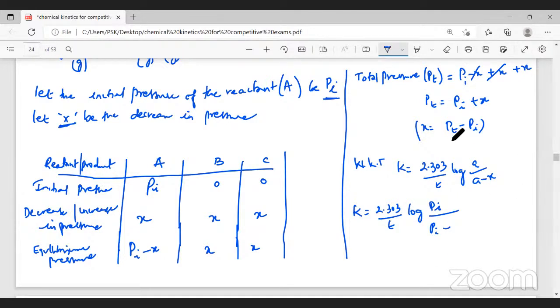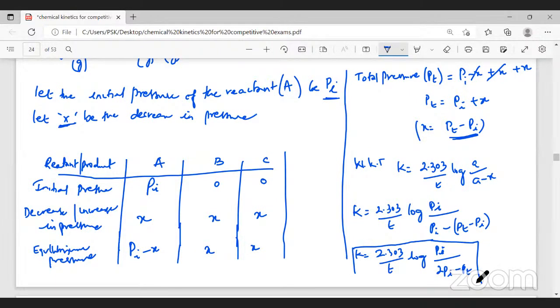We found out x to be PT minus Pi. So opening the brackets, you get 2.303 by t log of Pi divided by minus PT, and this becomes plus Pi. So 2Pi minus PT. This is the rate constant of a first order reaction in gaseous state.